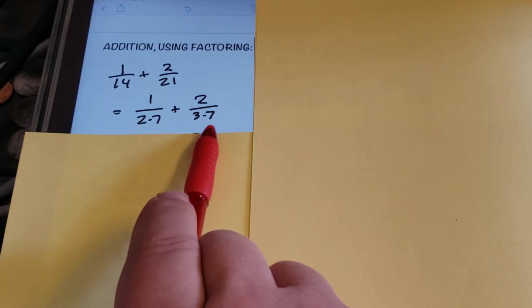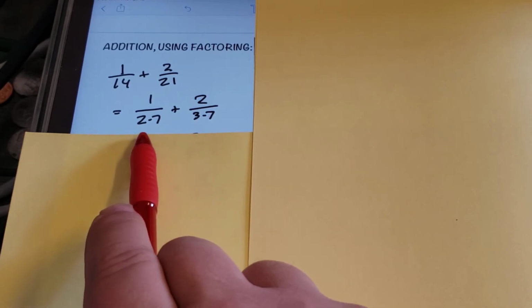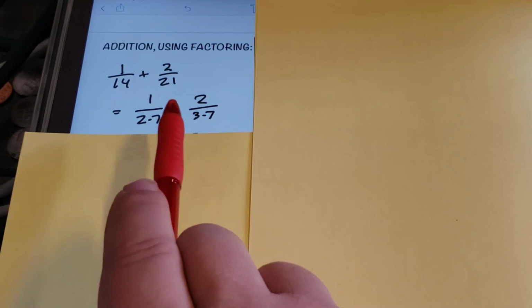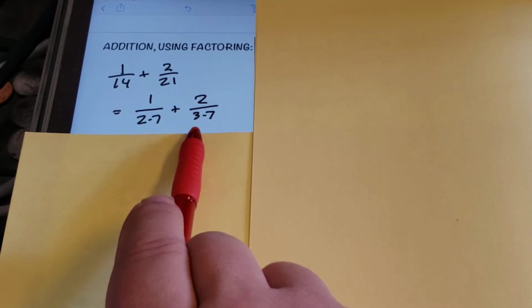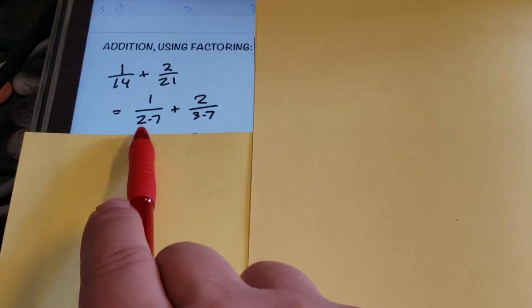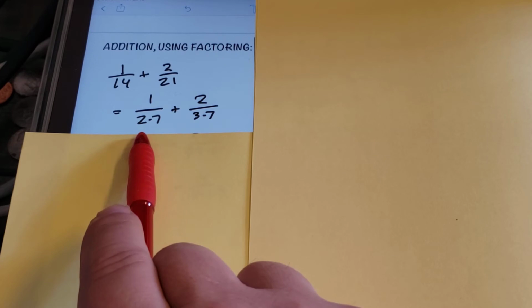So why is 2 times 7 jealous of 3 times 7? Well, 2 times 7 doesn't have a 3. So he's going to go out and get one. All right. 3 times 7 is jealous of 2 times 7. Why? Because 3 times 7 doesn't have a 2. He's going to go out and get one.